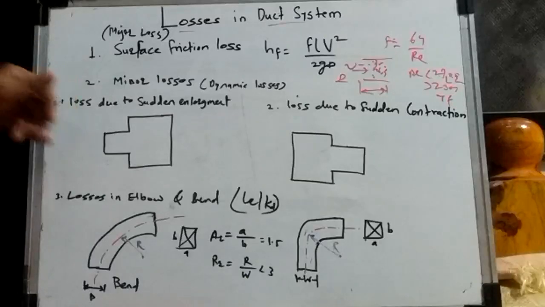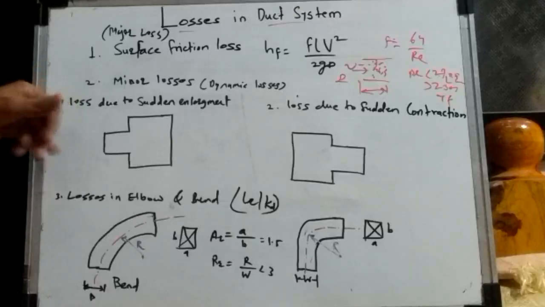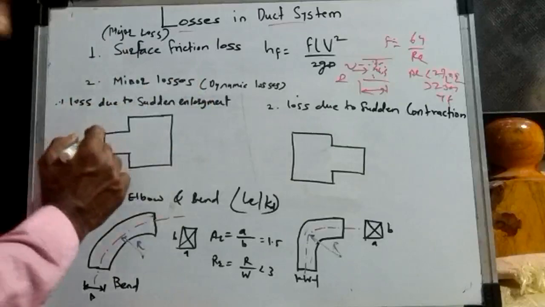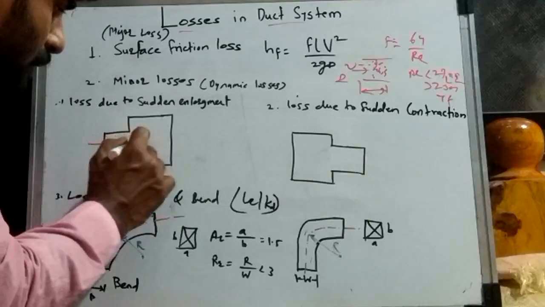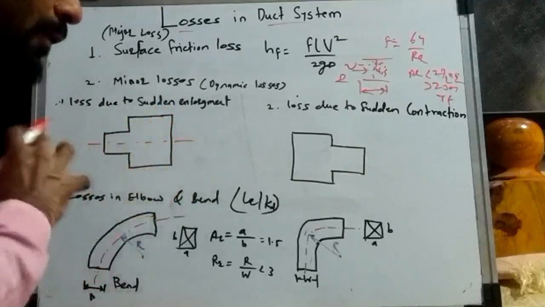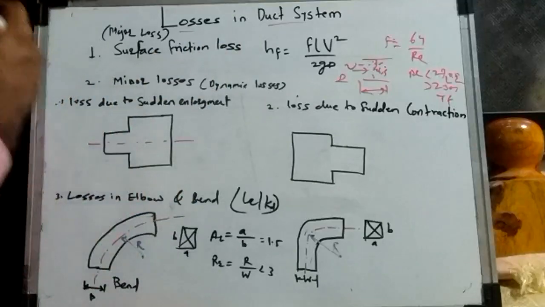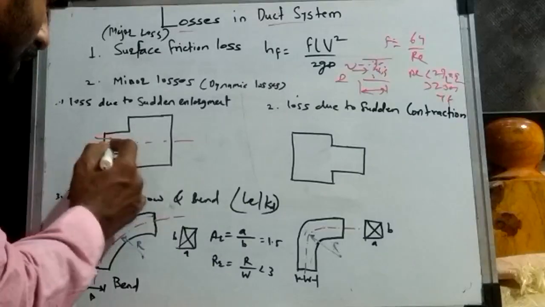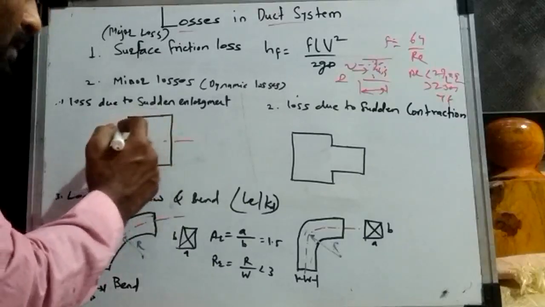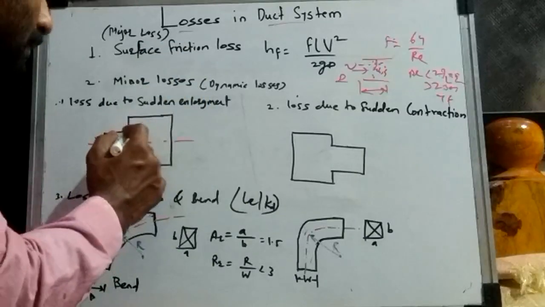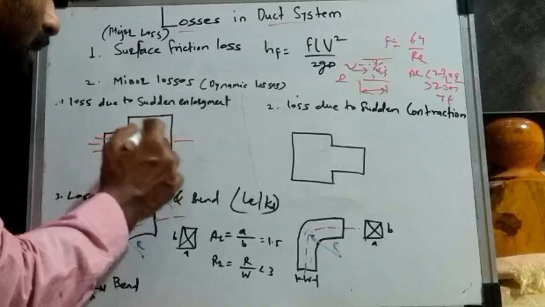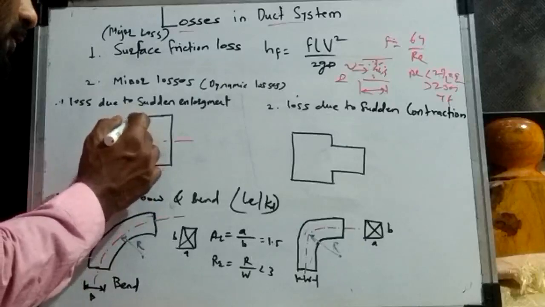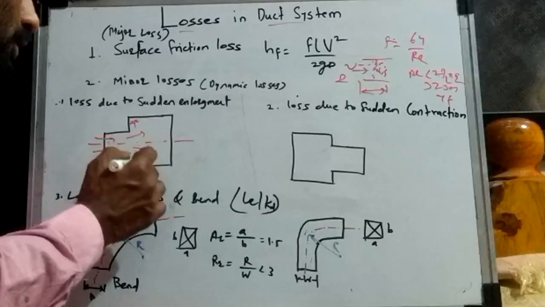If you consider the first loss in the minor losses, that is loss due to sudden enlargement, right? If you see, this is the enlargement. If the air is supplied from the entrance and there is a sudden enlargement in the pipe or supply duct, eddies are formed near the shoulders, right?